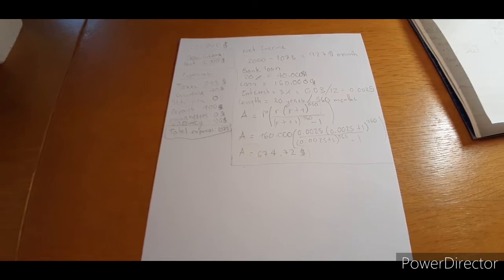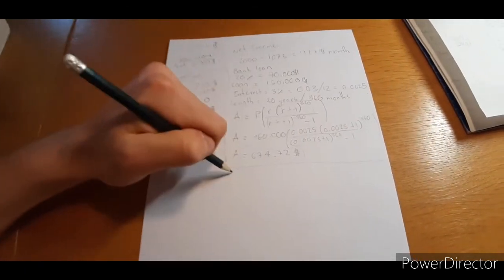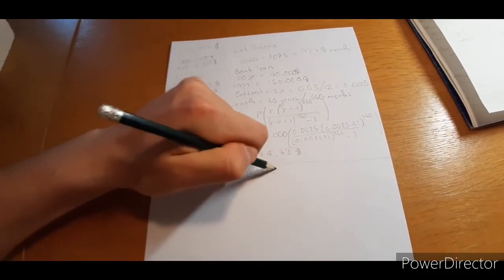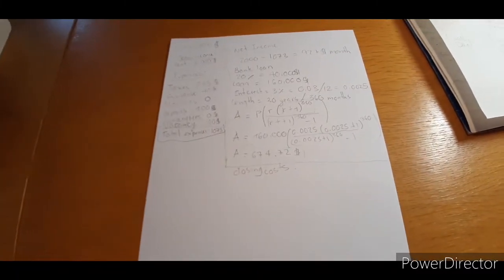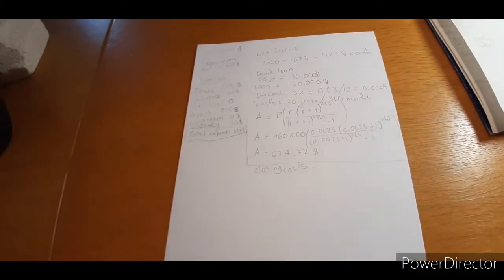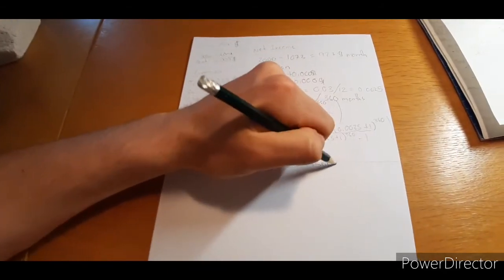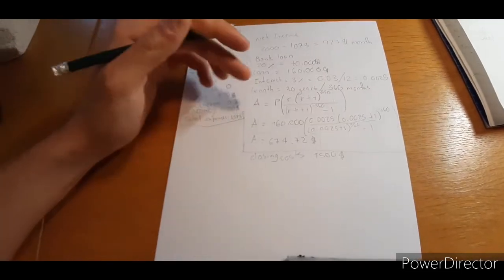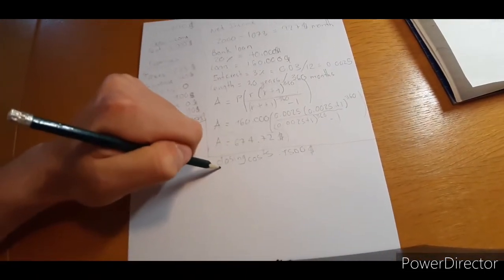So now we are going to put our closing costs, and let's say this deal is about $1,500. This will be our closing costs.